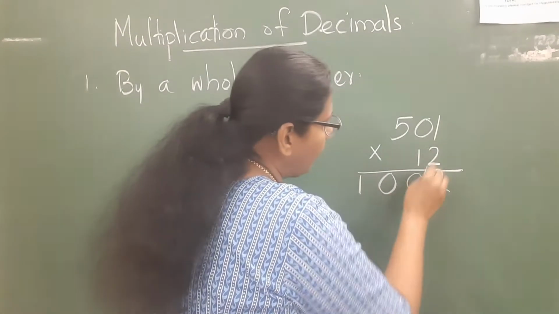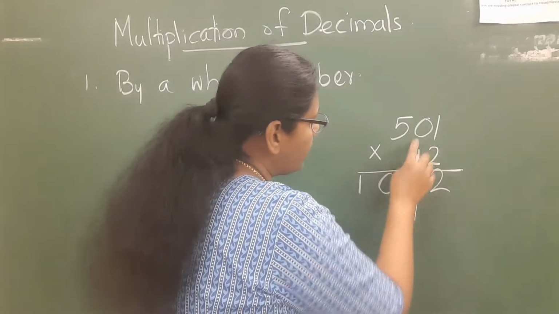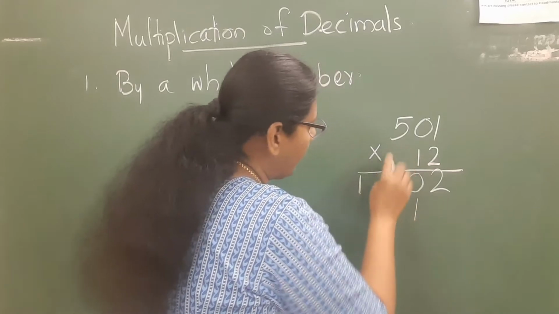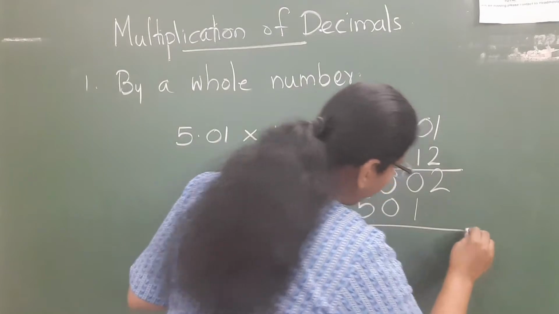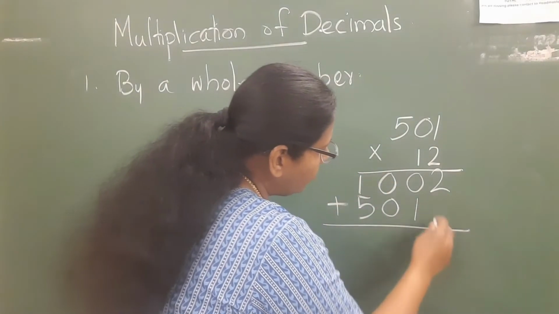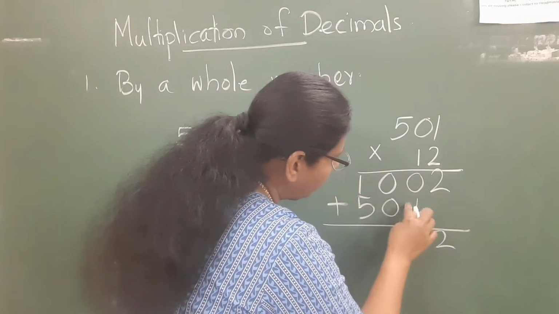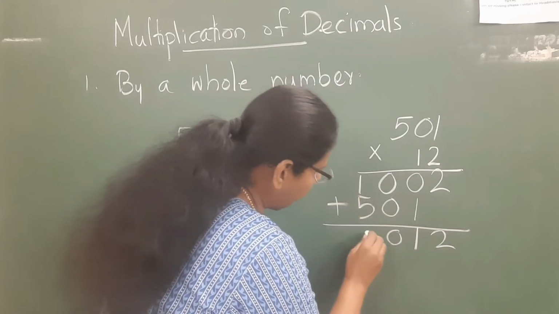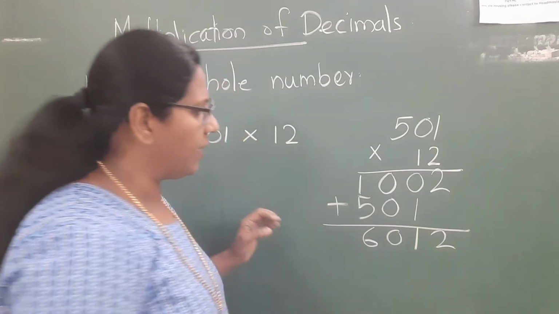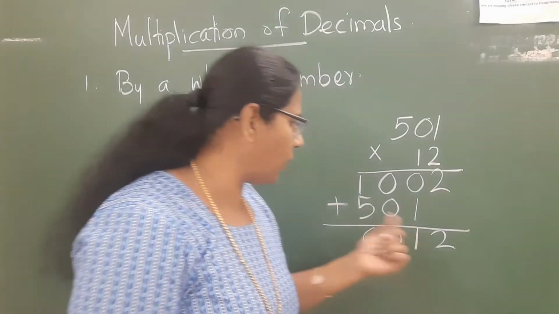Now 10's place, 1 ones are 1, 1 zeros are 0, 1 fives are 5. We will do the addition. Now 2, 0 plus 1, 1, 0 plus 0, 0, 1 plus 5, 6. We got the answer 6012.